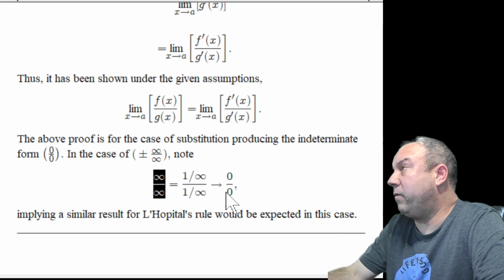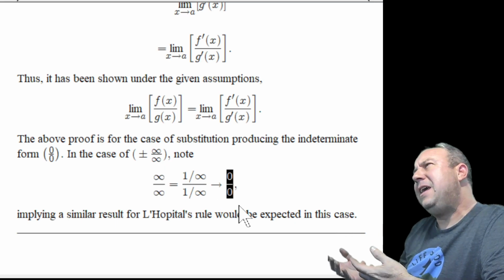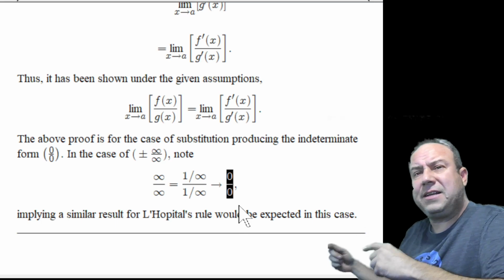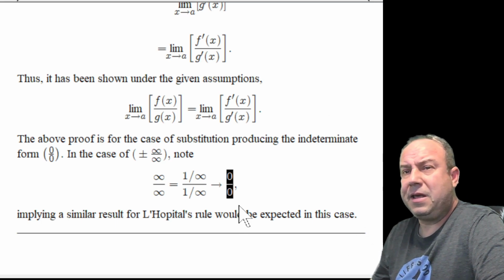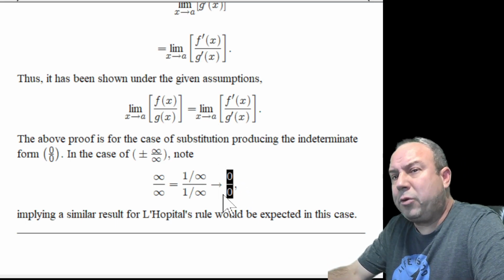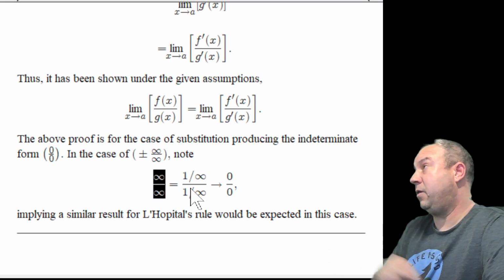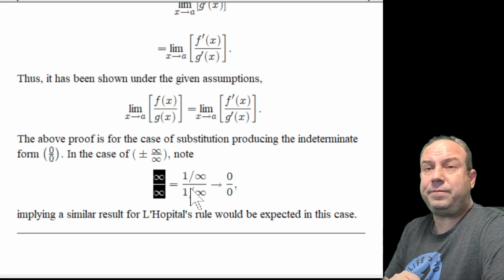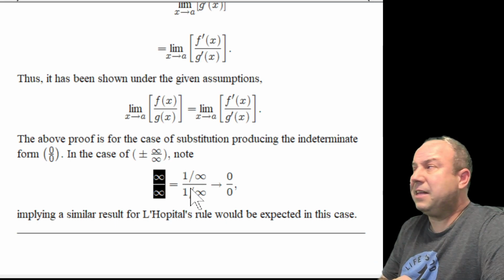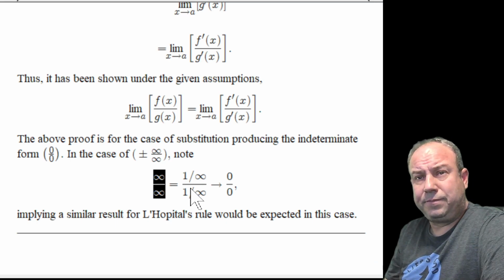Since infinity over infinity approaches 0 over 0 in value, they are, in a sense, equivalent in the context of a limit. And since they are equivalent in the context of a limit, the above proof for the case of 0 over 0 is also true for the case of infinity over infinity. That's the proof of L'Hopital's rule.